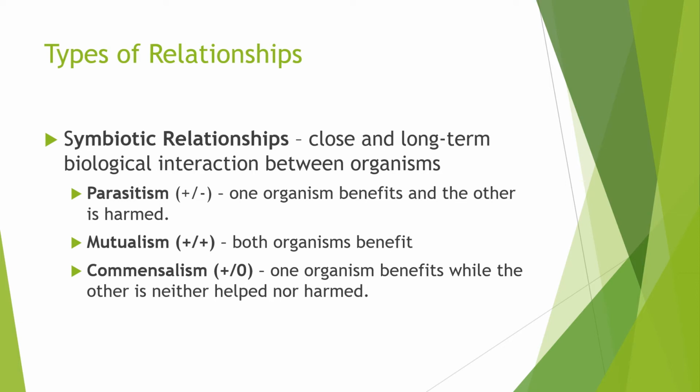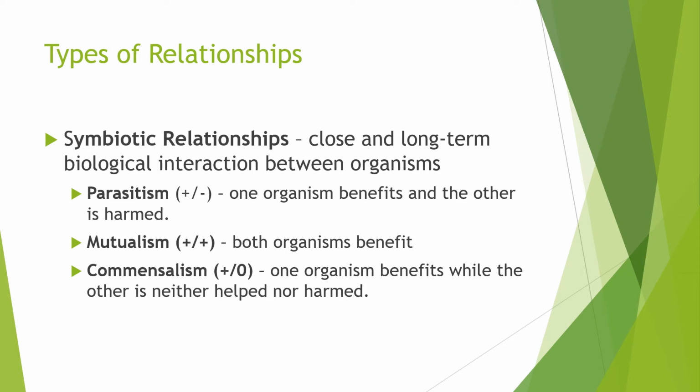So there are several kinds of symbiotic relationships. First we're going to talk about parasitism. So to the right of parasitism, I have a plus and a minus. And that means one organism benefits and the other is harmed. So we'll go over an example of that in a minute.